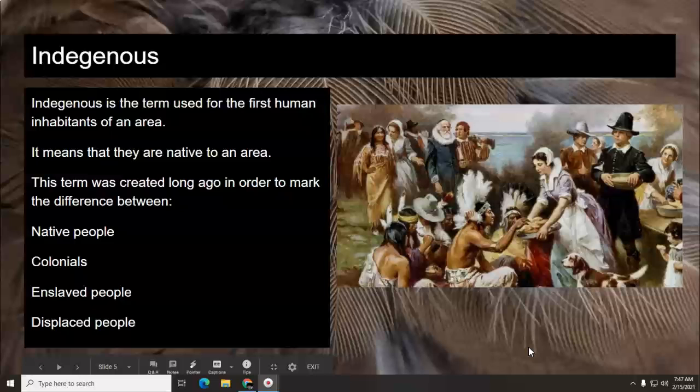Colonials are there with intention, enslaved people are there because it's not their choice, and displaced people are just kind of pushed there. And native people are the original people.